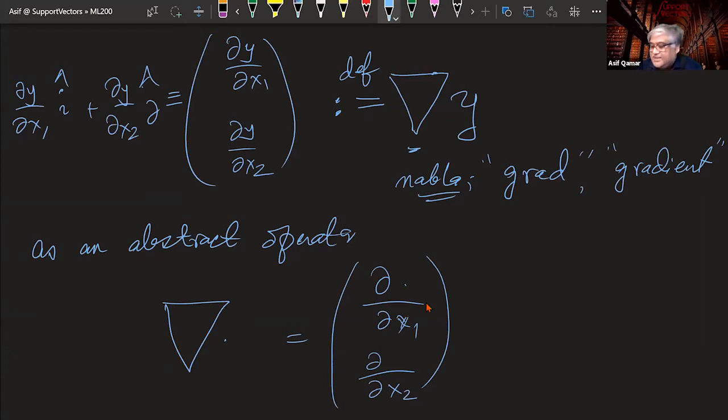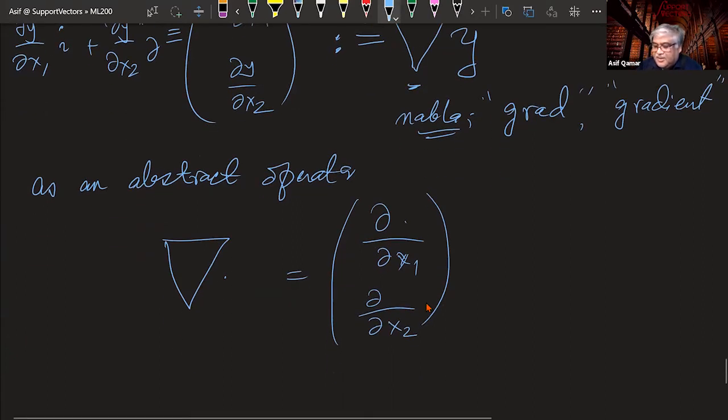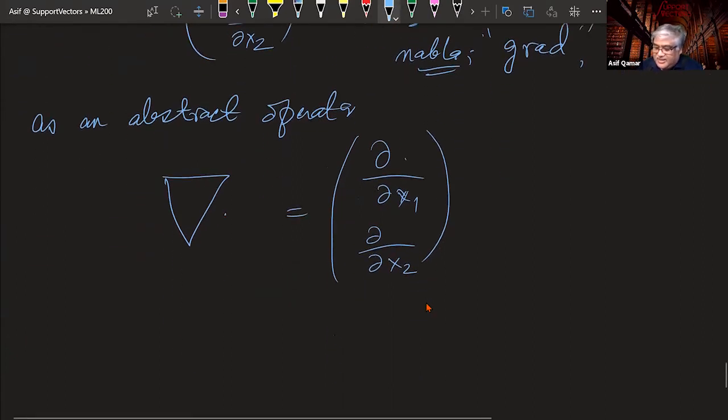This is called the gradient of y. Now, we realize that in ordinary differential equations, y plus delta y was equal to basically x plus delta x.